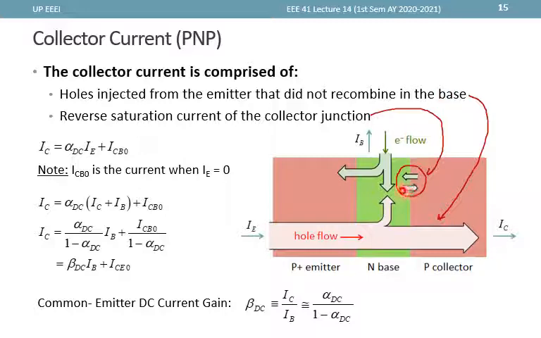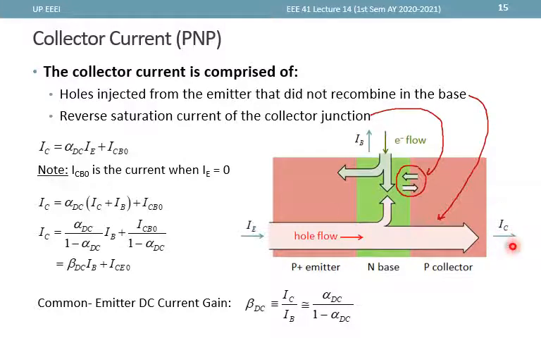So since holes are going this way, electrons are going this way, both of the currents are actually going to the right. And so IC is composed of this current here and this total current here, considering the two. So we can actually rewrite that as some alpha DC IE. Since IE is the total current, alpha DC is the common base DC current gain, and represents the amount of ICP that was able to reach the collector from the total current IE.